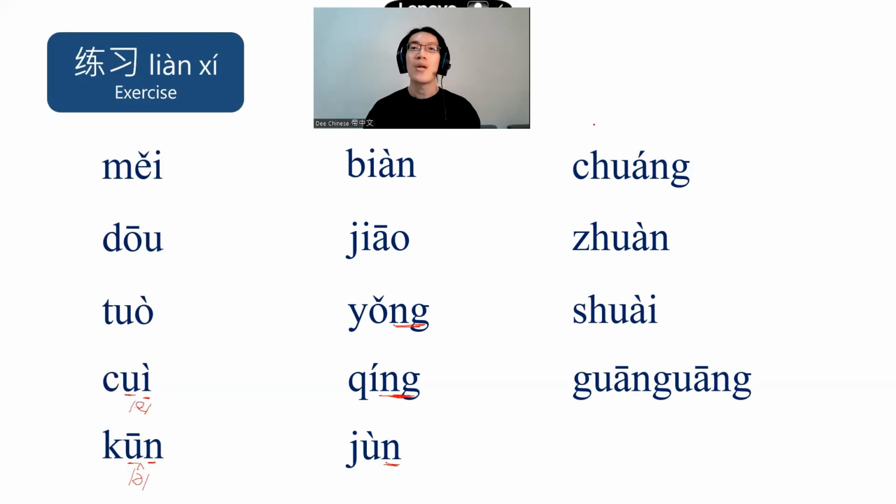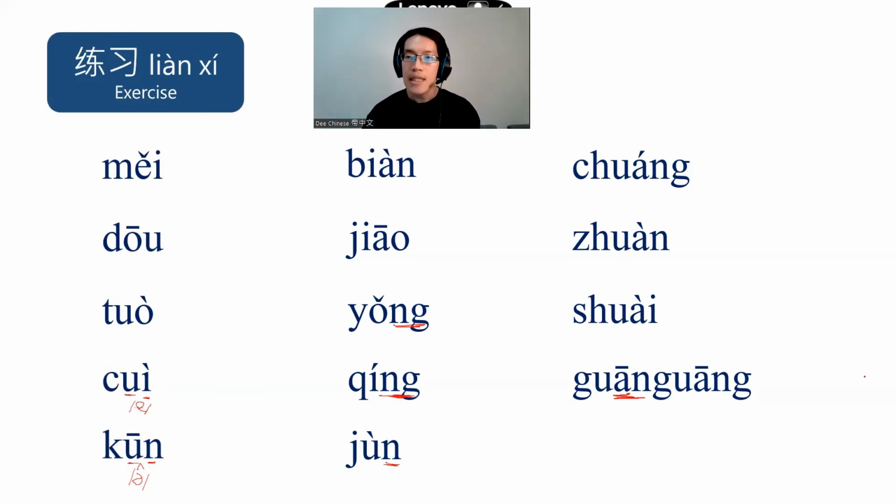This one should be 观光. Remember, if there's no G at the end of the Hanyu Pinyin, you need to use your tongue to touch your teeth to form a nasal sound. 关.